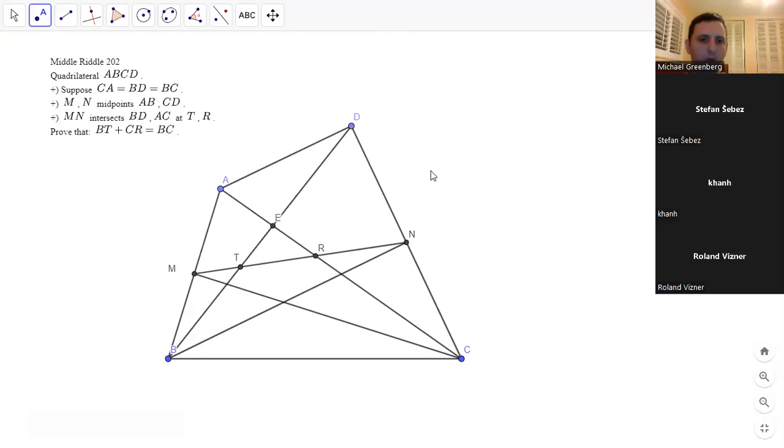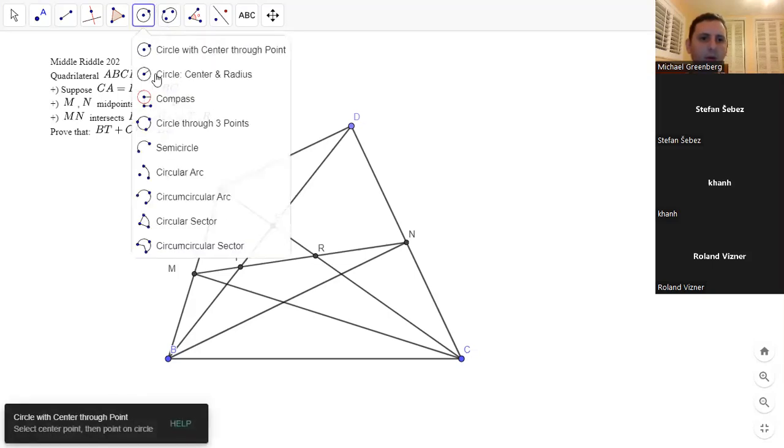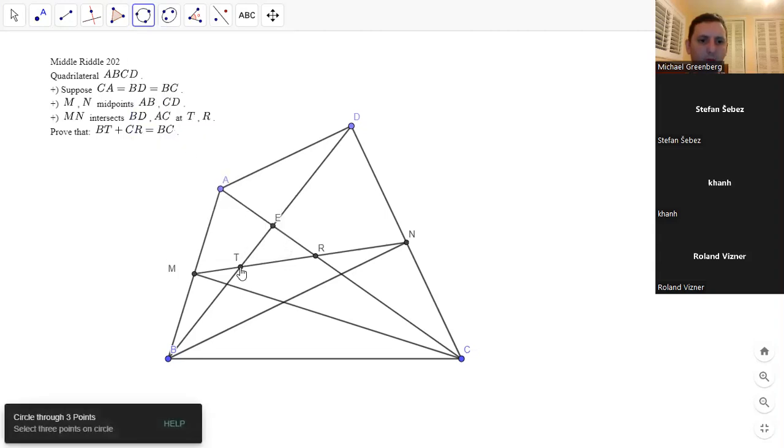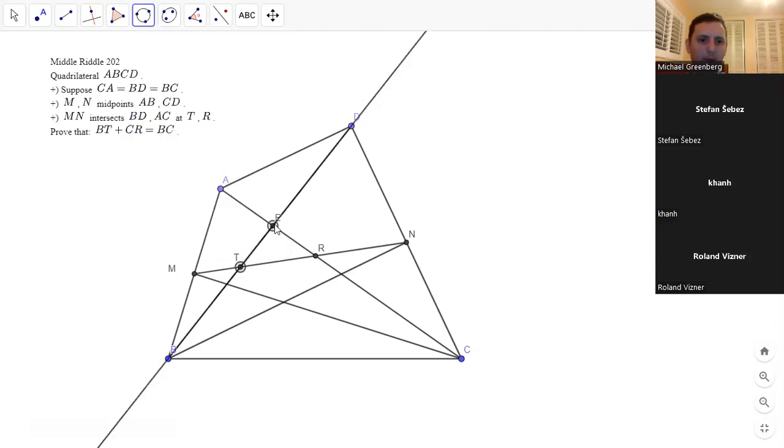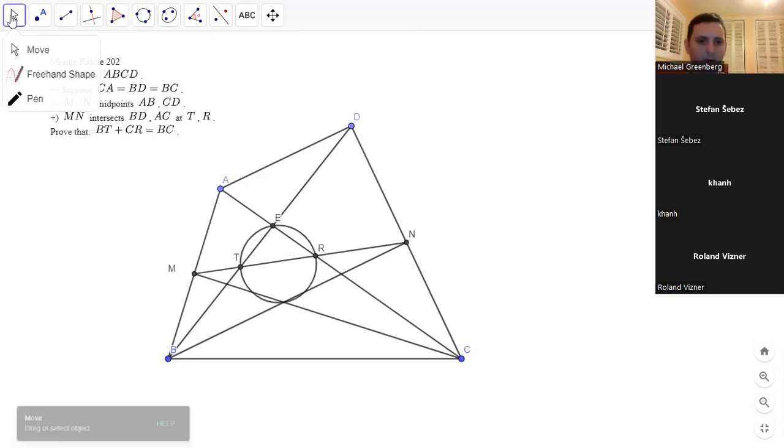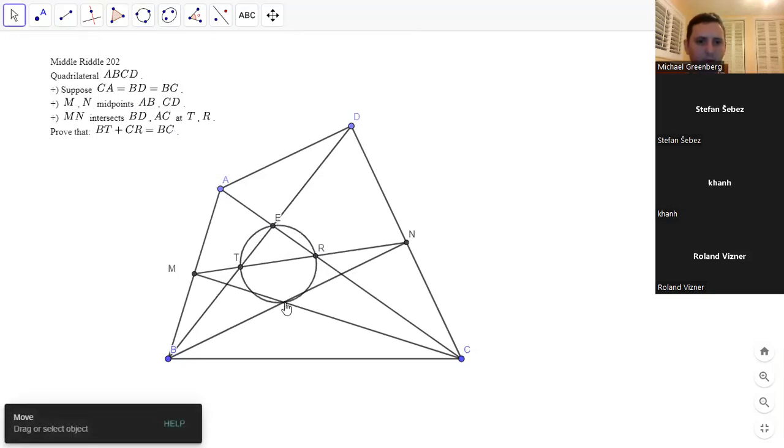There is this lemma called the Sparrow lemma, which states that BT plus CR is equal to BC if and only if the circumcircle of ETR passes through the incenter of EBC. ETR passes through the incenter of ABC, and it looks like it may be that point.